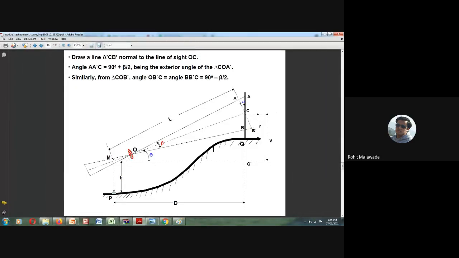From the center point of your crosshair, whatever angle the line of sight makes with the horizontal, we measure as theta.